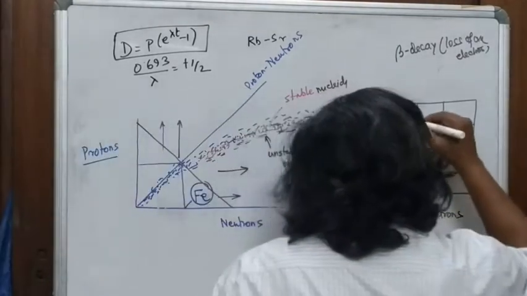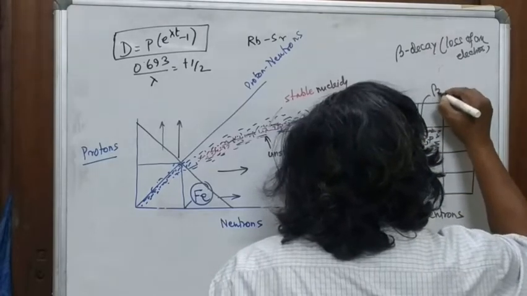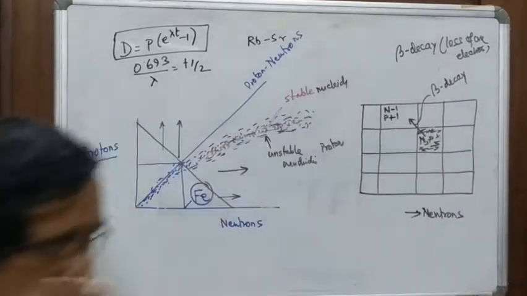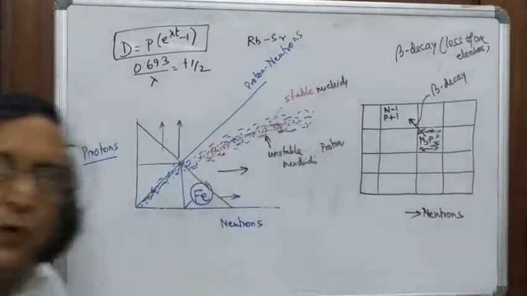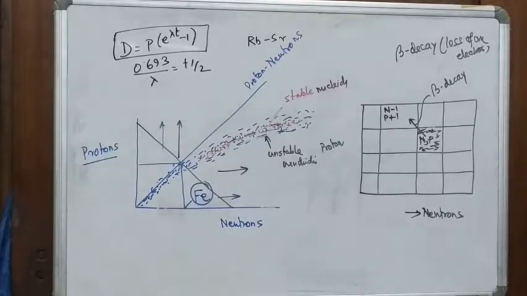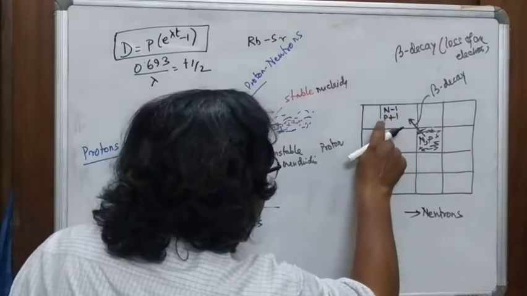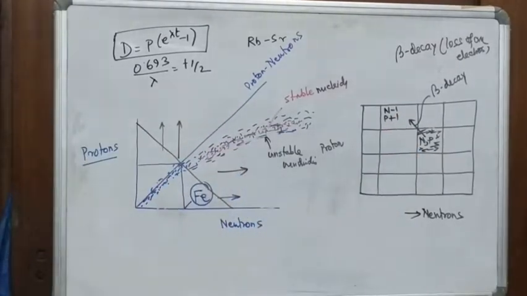So this is the process of beta decay. Emission of an electron would make a neutron become a proton. So one neutron decreases, one proton increases. This is the method for beta decay.